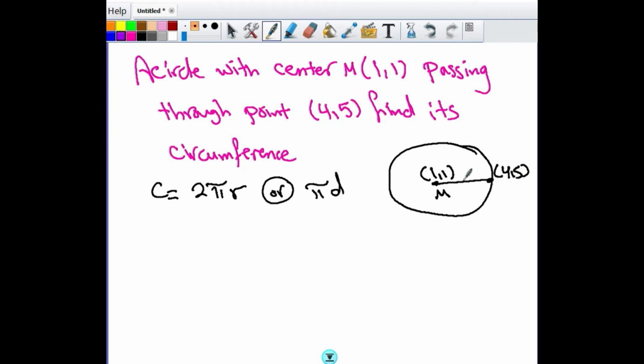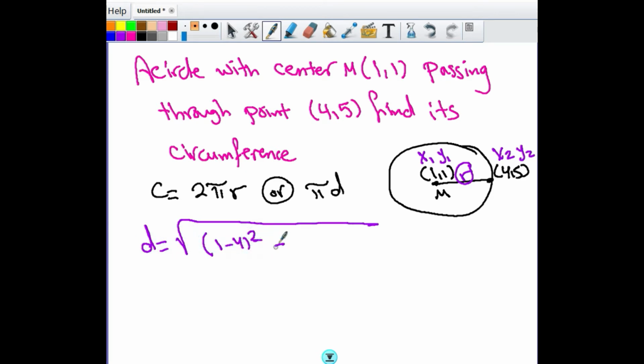So here to find the radius length, to find the distance between the 2 points, we name the first point x1, y1, and the second point x2, y2. Distance equals square root of the difference between x plus the difference between y. After we find the distance, here it represents the radius, 5 units.